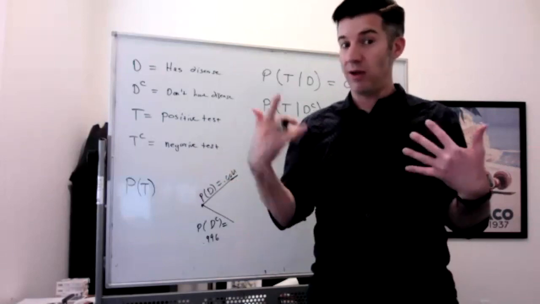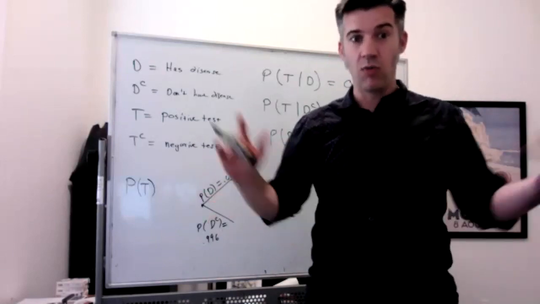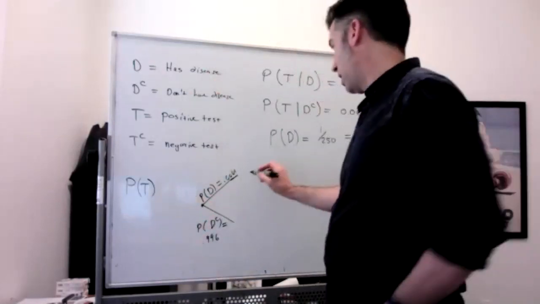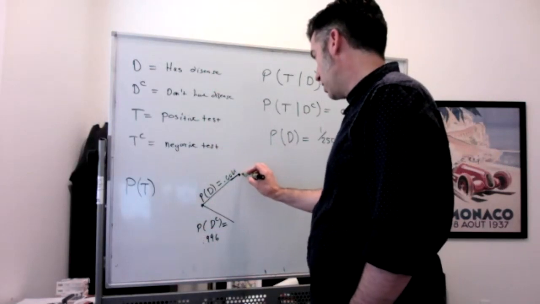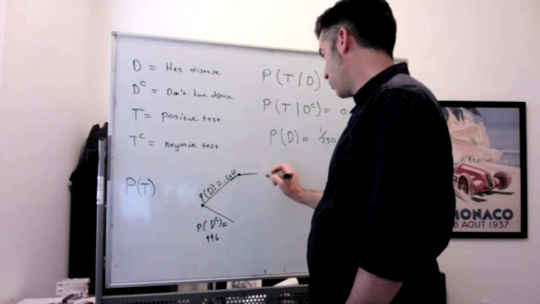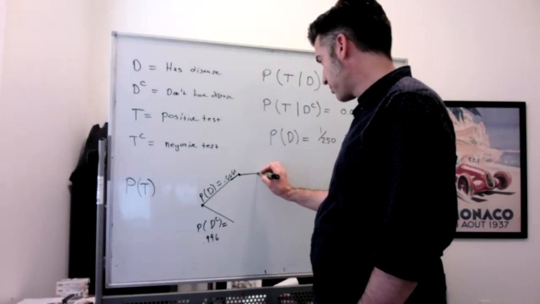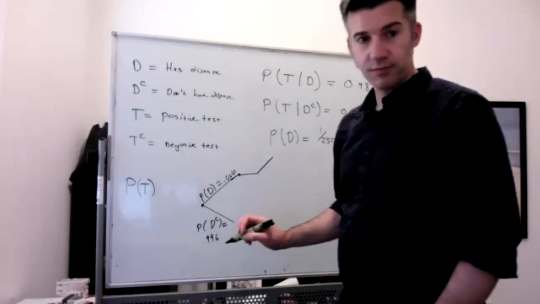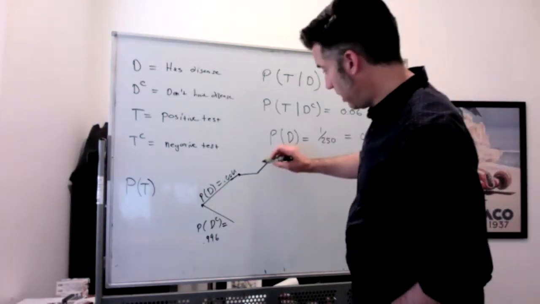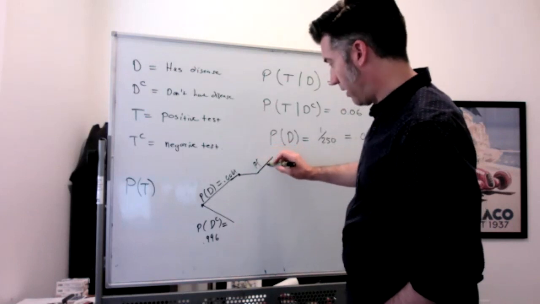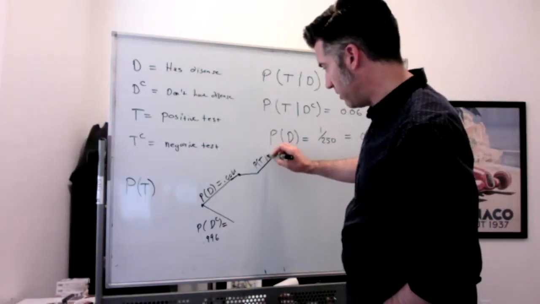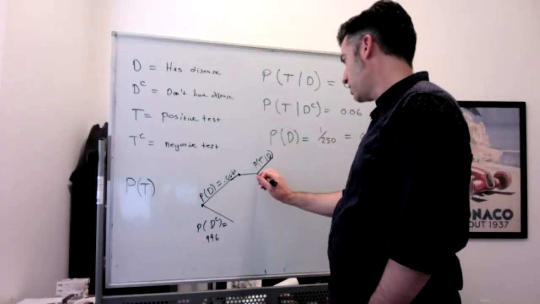Someone either has the disease or they don't. There is no third option. Okay. And then from there, we either test positive, so we have the probability of testing positive given that you have the disease, or you test negative.